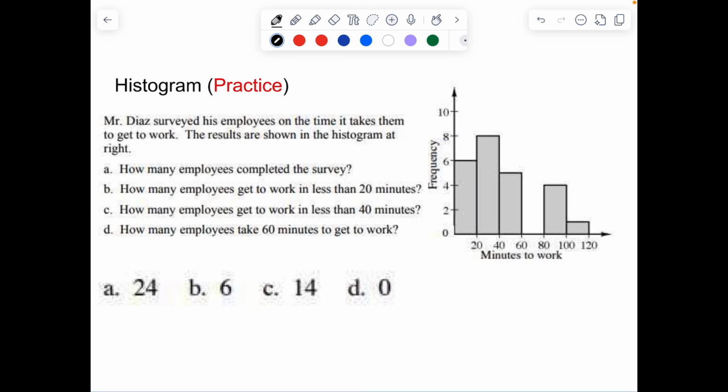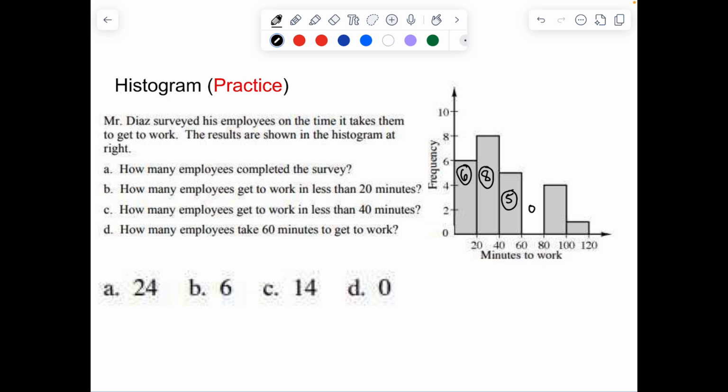Okay, so how many employees completed the survey? So all we have to do here is just count up the frequency for each of the bars. So we got 6 for the 0 to 20 minutes. We have 8 for the 20 to 40 minutes. We have 5 for the 40 to 60 minutes.